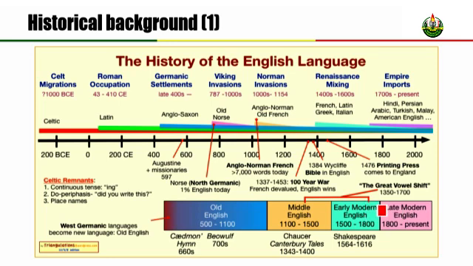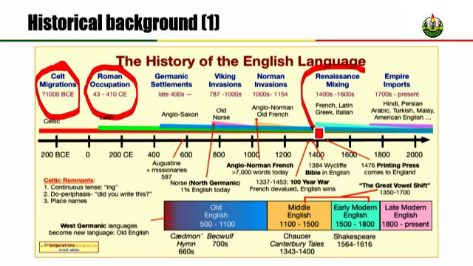The history of the English language. According to some historical facts that we can find on the internet and other sources, especially lumenlearning.com, we realize that the English language has its origin from the Celtic migration, added to the Roman occupation with the Latin language, and quickly we can now move to French, Latin, Greek, and Italian.